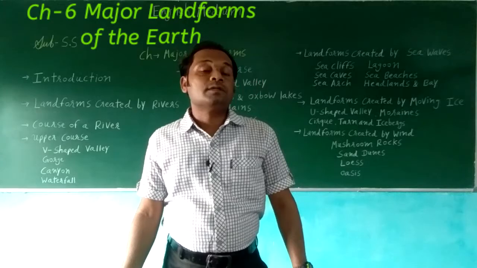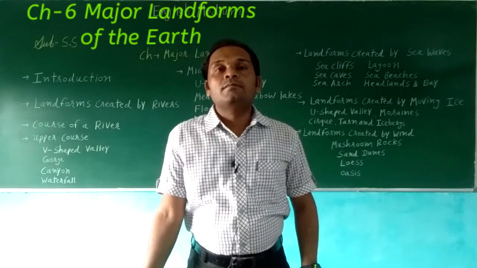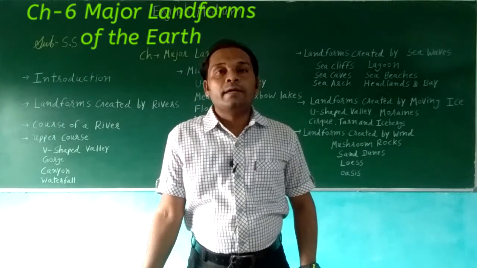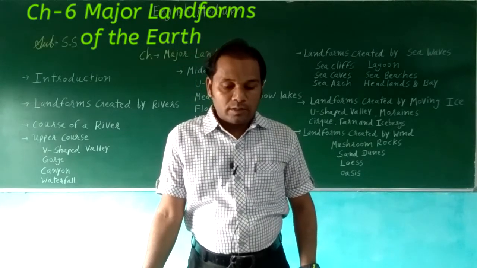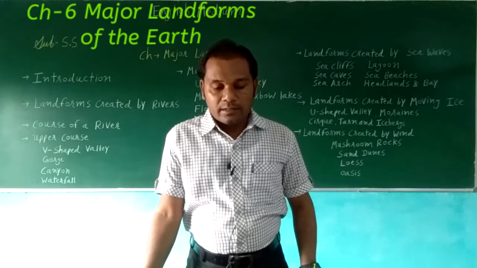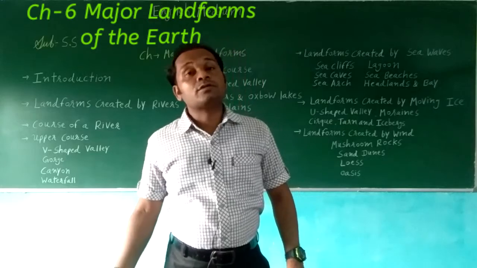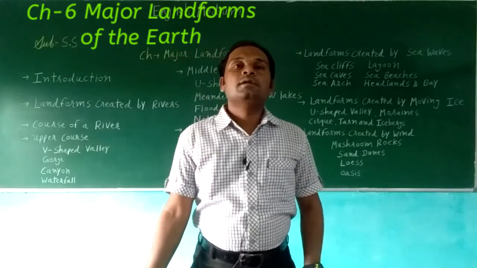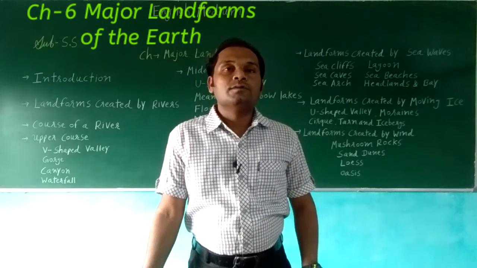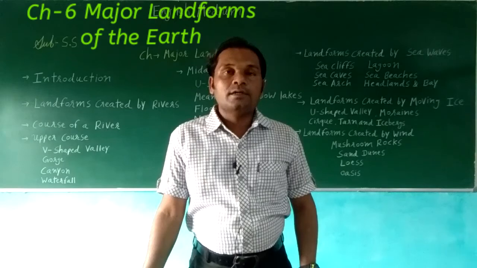Like the river, the sea waves also deposit materials, and it forms some landforms. So this is also known as marine erosion and marine deposition. These landforms are formed by marine deposition and marine erosion.